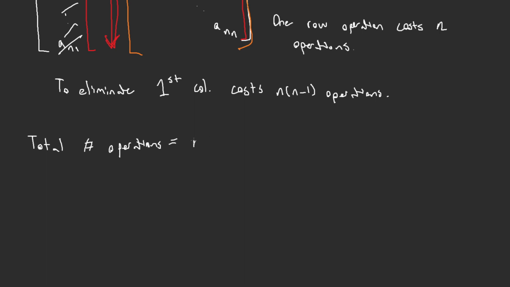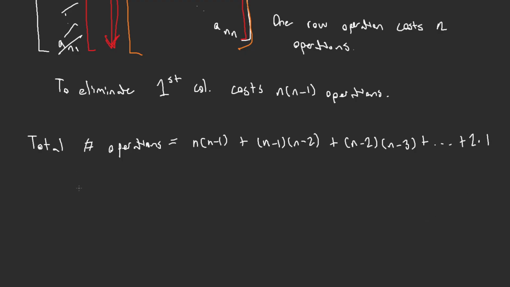It's going to be n times n-1 plus n-1 times n-2. That's going to the second column, eliminating all the entries below the pivot, and then n-2 times n-3. That's how many operations it takes to eliminate all the entries below the third pivot, and then we'll go all the way down to 2 times 1.